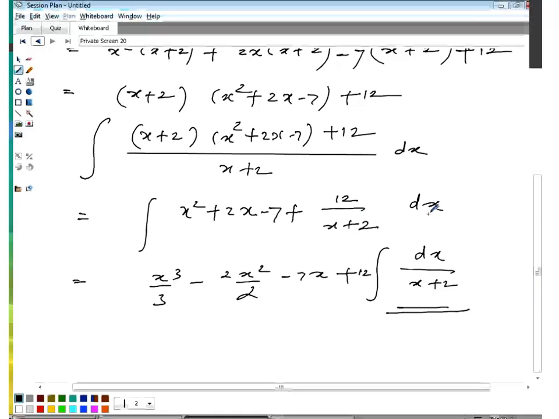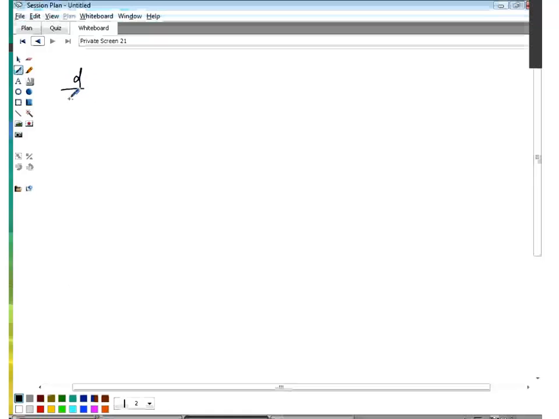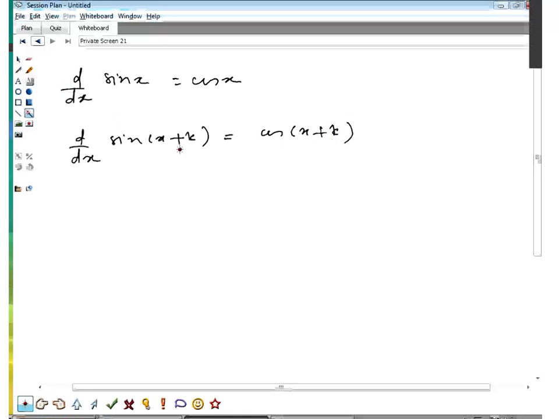But then, you know from differentiation that when you differentiate d dx of sin x, the answer is cos x, and when you differentiate d dx of sin of x plus something, the answer is cos of x plus that thing. You are familiar with this type of pattern in differentiation. Adding something to a variable, some constant to a variable, does not create any trouble.